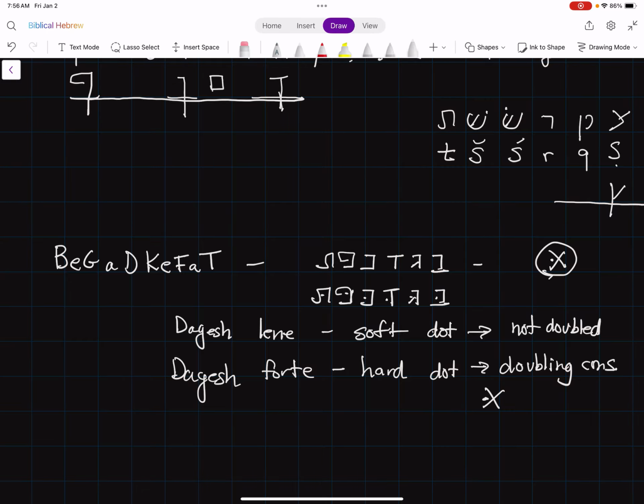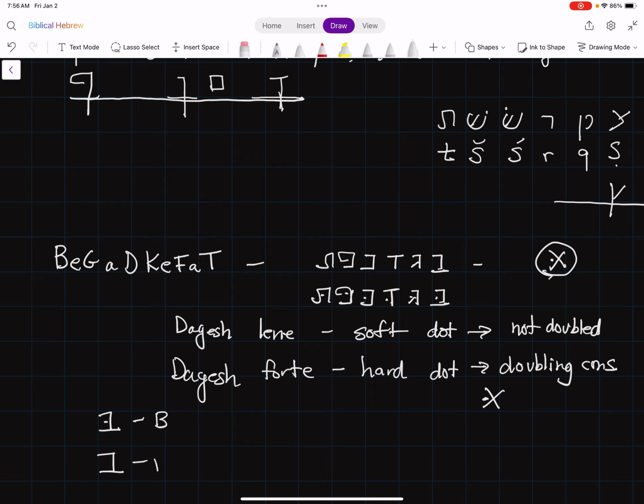In ancient Hebrew, BeGaDKeFaT letters with the Dagesh in them had a different sound than without the Dagesh. So therefore, in modern Hebrew, Bet with the Dagesh is a B sound.